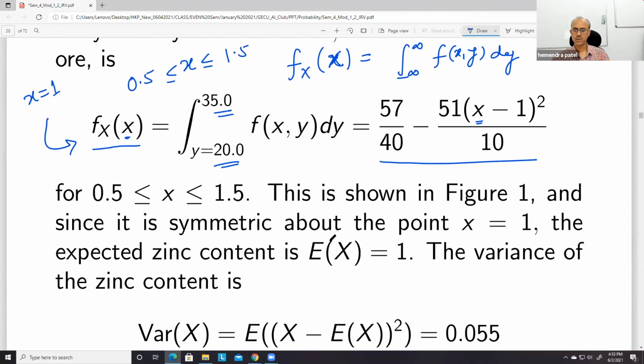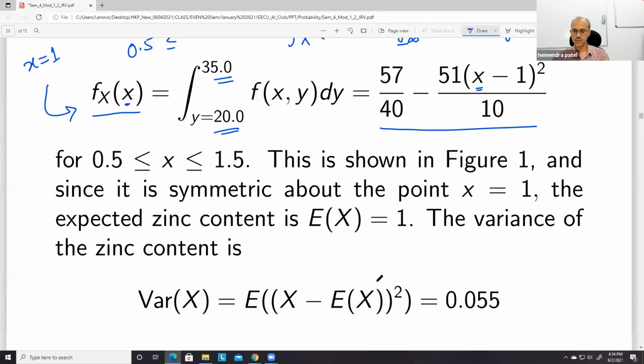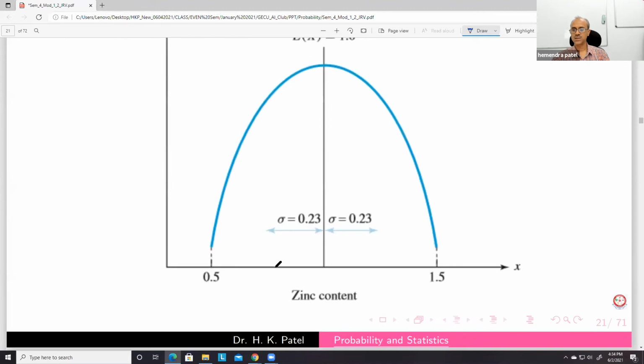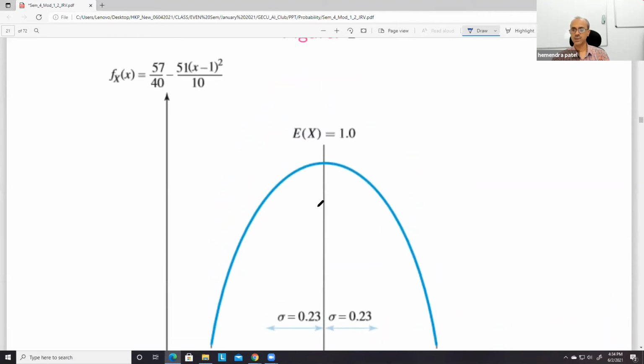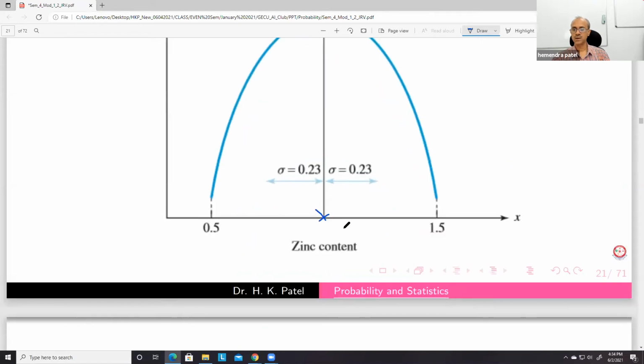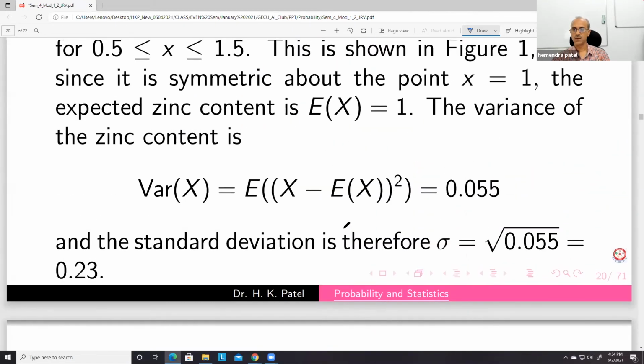And we can calculate Ex. It is symmetric about the point x is equal to 1. Since it is symmetric, you can see that the mean is this value, because the graph is symmetric about x is equal to 1. So the mean value will be x is equal to 1.